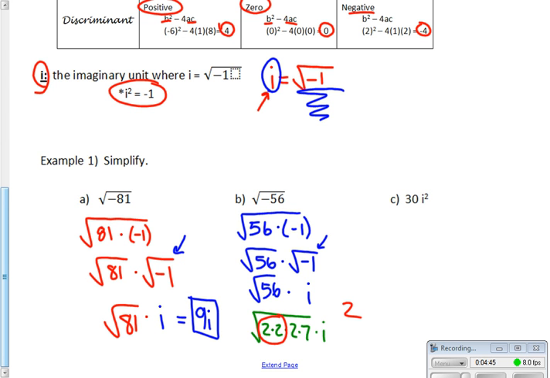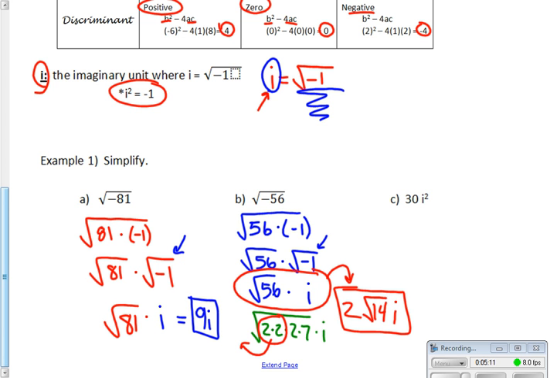So I moved that to the outside. Inside my square root, I still have 2 times 7, which is 14, and that would be 2 times the square root of 14, times i. Mathematically, that would be the best possible answer. I would also probably accept the other one as well.